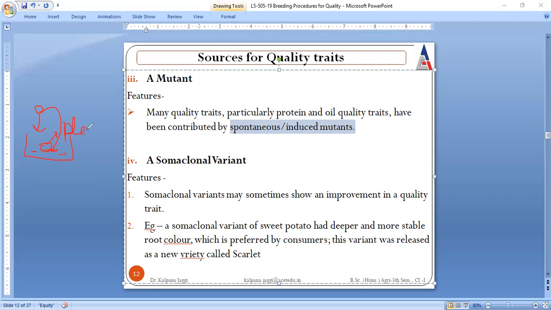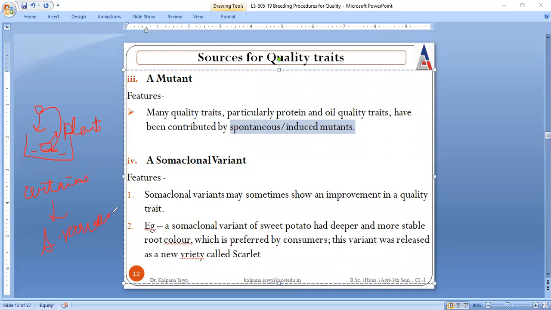But while it is developing under the artificial conditions, certain very important variations take place, and these variations are said to be somaclonal variations.